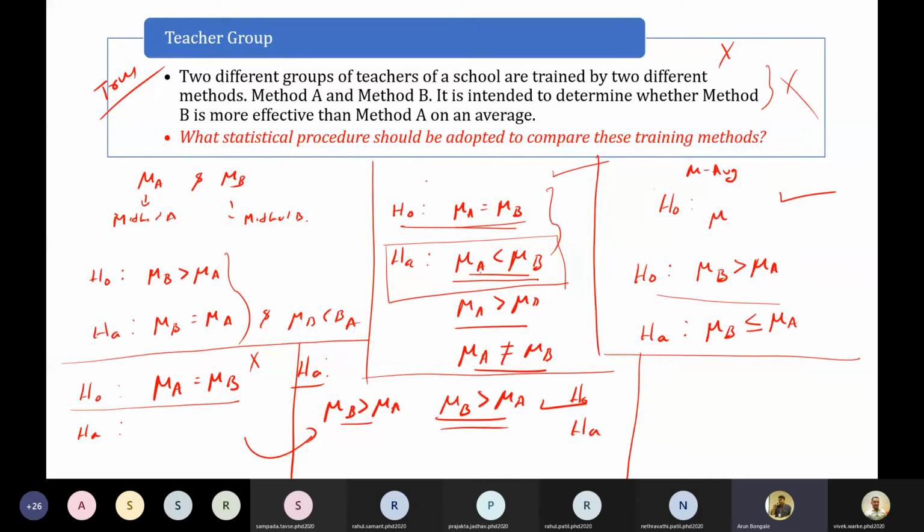You cannot have a common procedure or common set of rules for forming the hypothesis. The hypothesis formation is a very critical part in any statistical analysis or research statement.